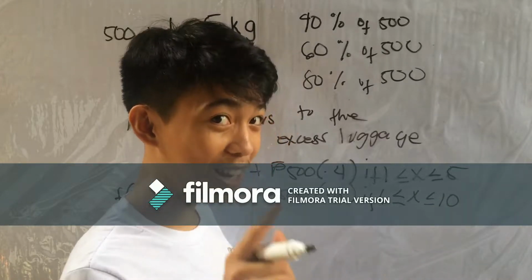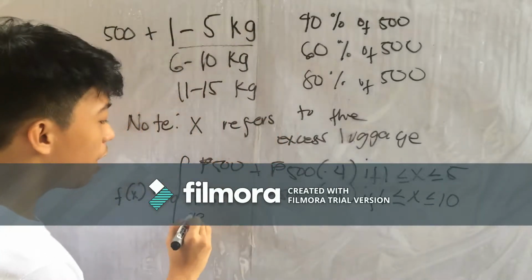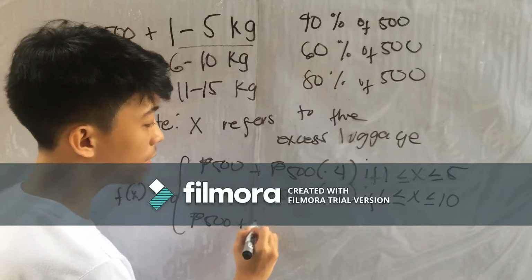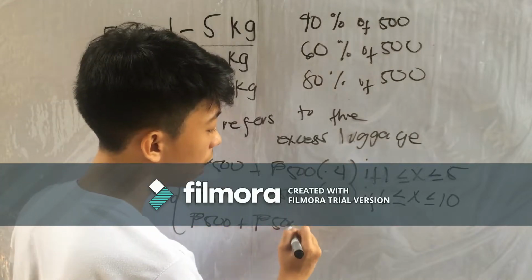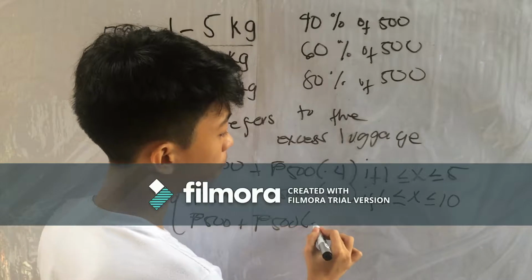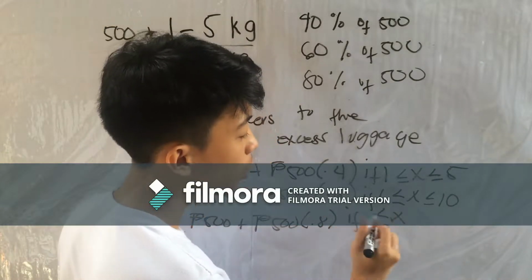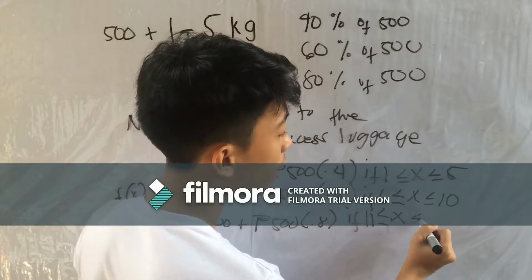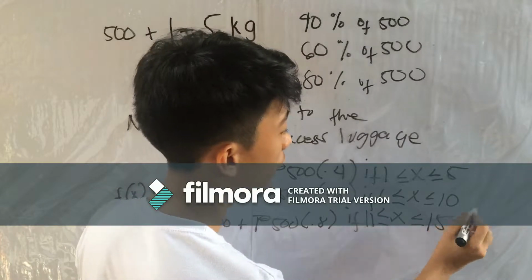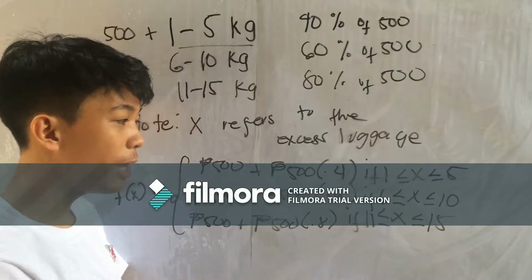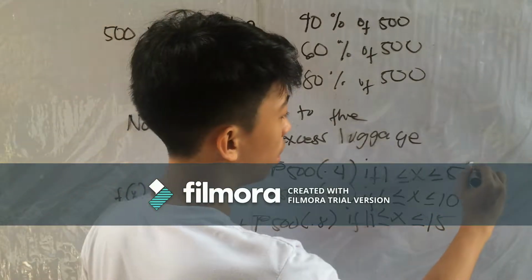Tama, diba? Alam nyo na yun, guys. Next is 500 plus 500 times 0.8 if x is greater than or equal to 11 but less than or equal to 15. Ayan yung mga mangyayari. Ayan yung isa-solve natin.